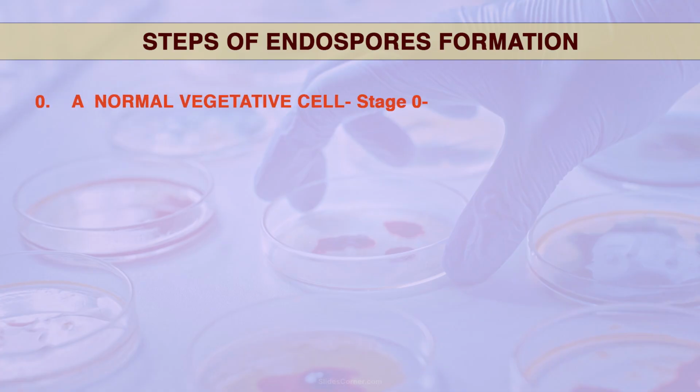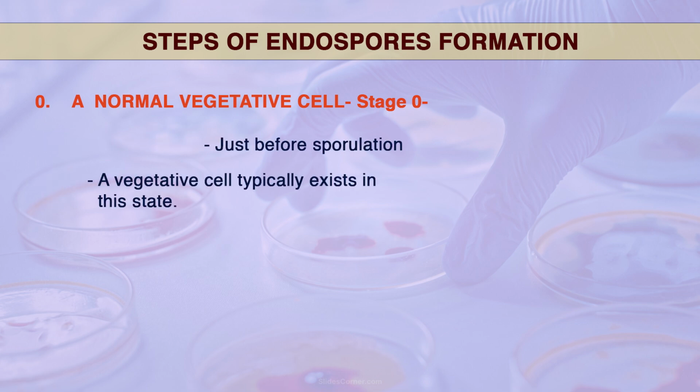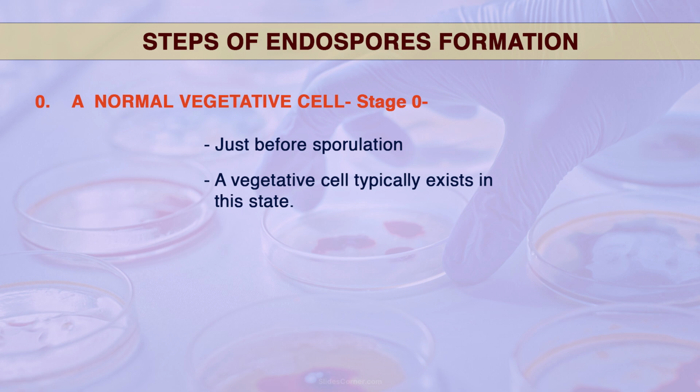If we see stages 0 to 7, the first step is the normal vegetative cell, that is stage 0, just before sporulation. A vegetative cell typically exists in this state.